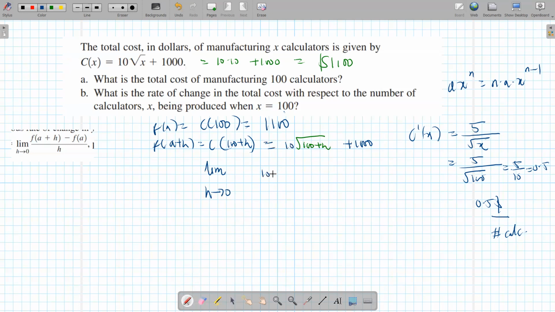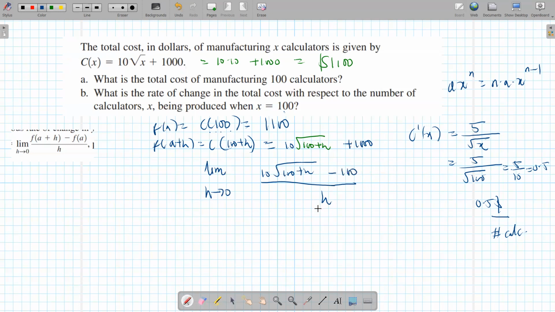So 10 of 100 plus h, that's this bit here, plus 8,000, minus, what's f of 100, or c of 100? It's 1100, all over h. Now plus 100 and minus 1100, that's just a minus 100.